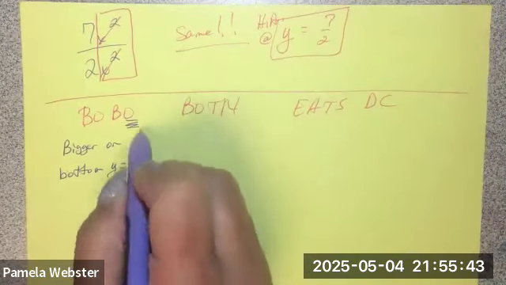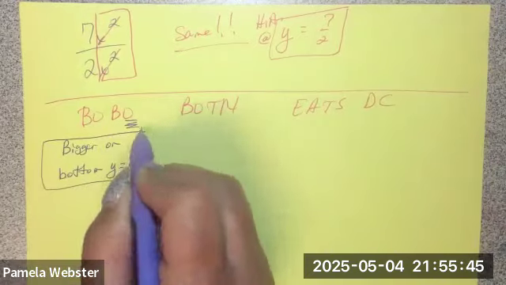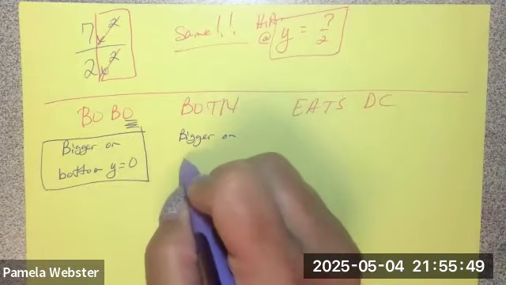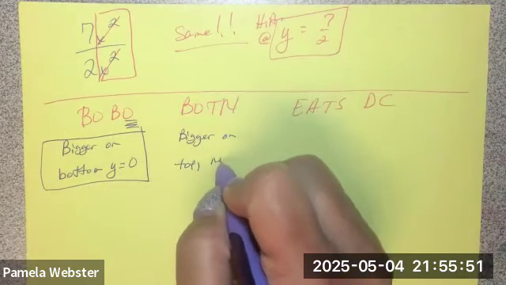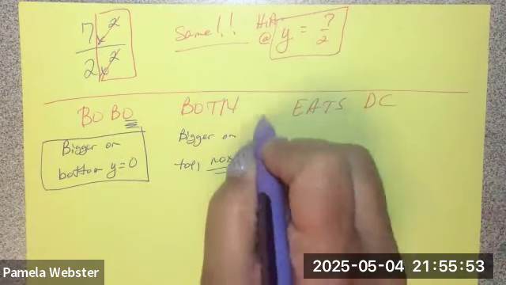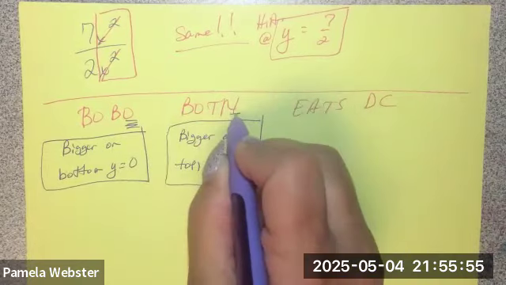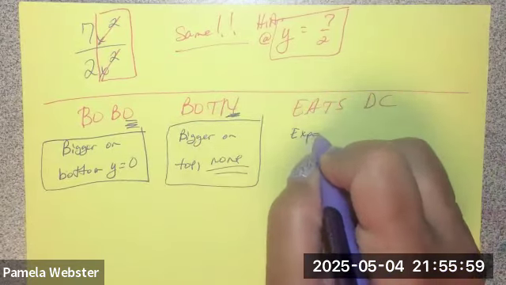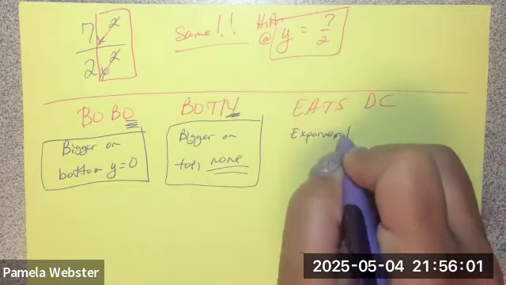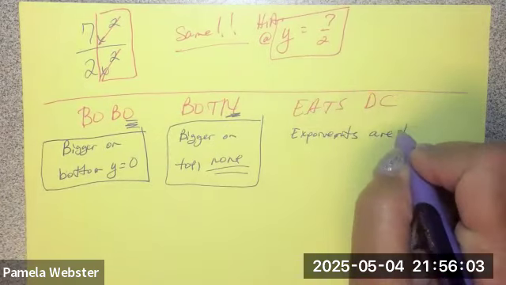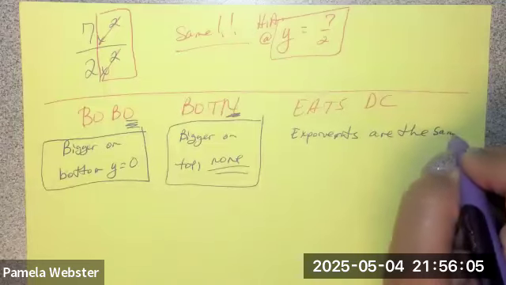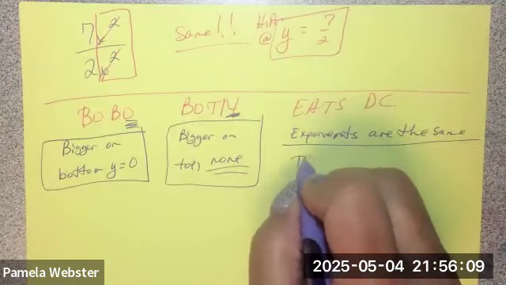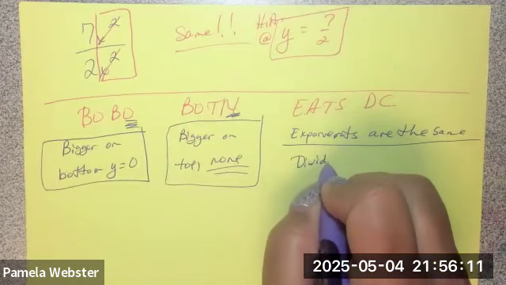That's a 0 there. If it's bigger on the top, there's none. That's what this N means. And then here is if the exponents are the same. I never can hardly remember this one. If the exponents are the same, that's EATS, right? Then we divide the coefficients.